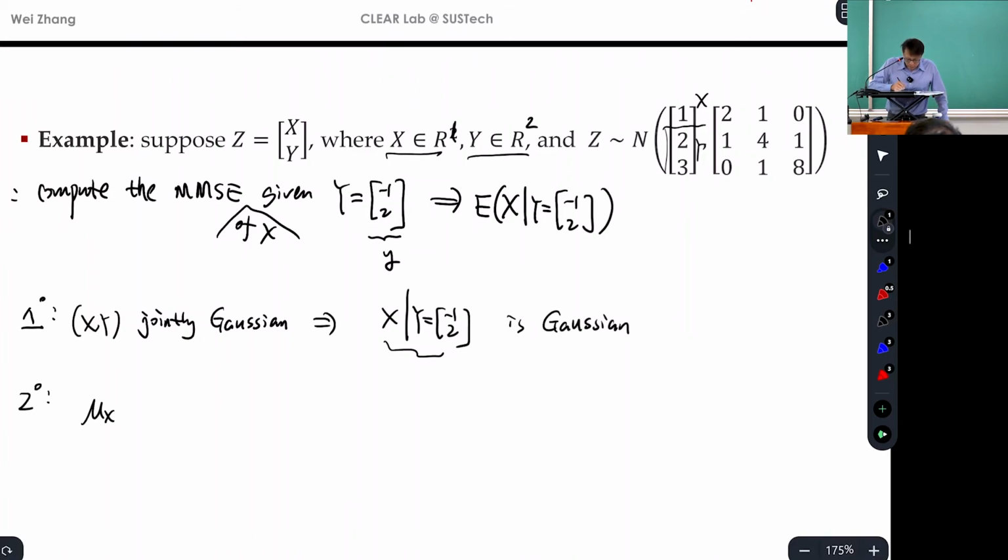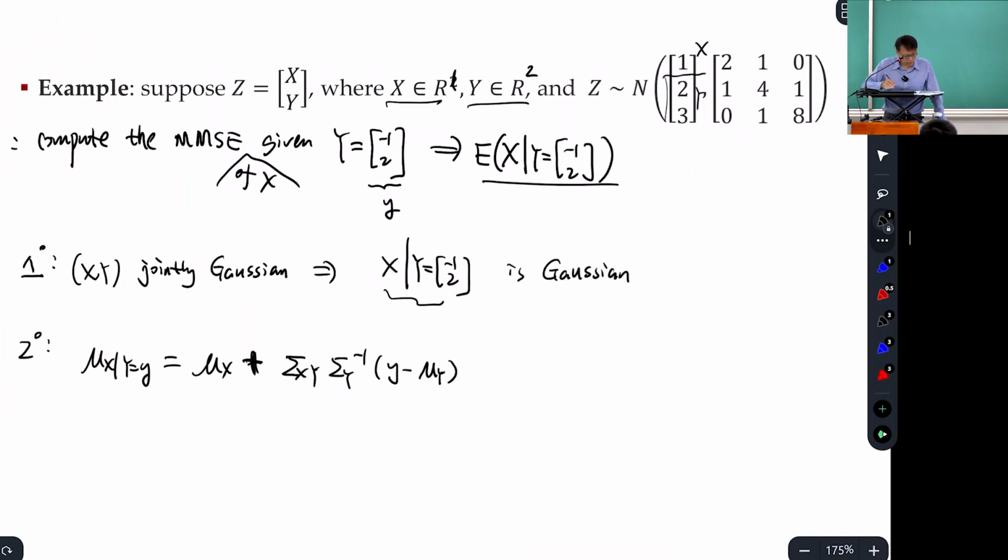And then I will know that the conditional mean is the unconditional mean plus the covariance of x and y, times how noisy that is, times the surprise term. That formula you got. And the unconditional mean of x is 1, plus the covariance of x, y.